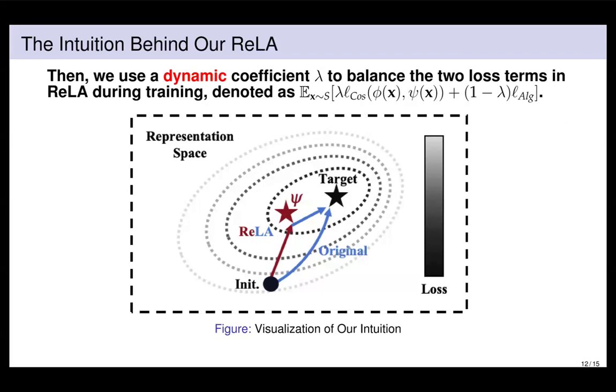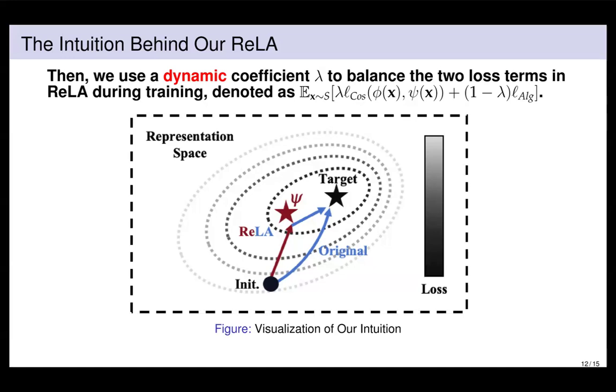And in the RELA loss function, there will be only one loss term, the first one, that works. And if we just look at the first loss term, it could be considered as using our learner model to approach the labeled model, the psi x, and we show that when we use this term, the learning will be faster.